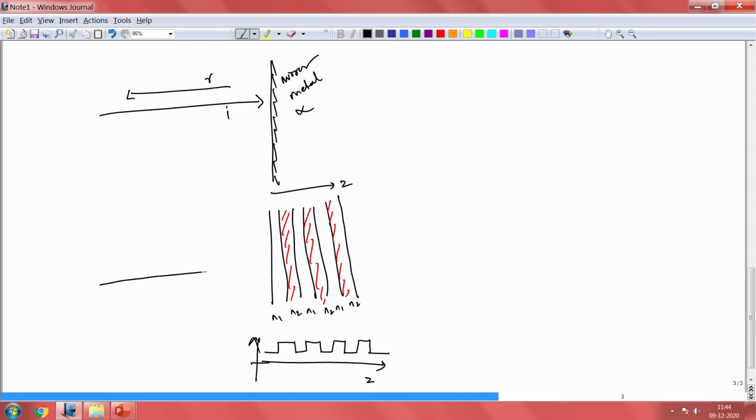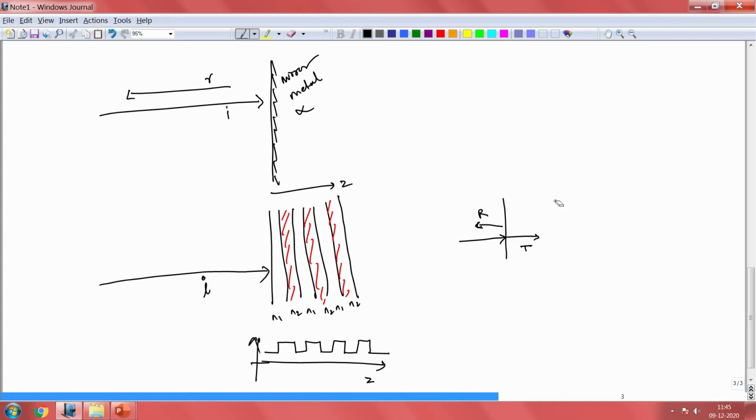So, when an incoming light tries to go through, it will encounter these multiple layers, right. So, we know from our basic understanding of light interacting with a surface, when it comes in, you will have transmission, you will have reflection, right. So, this is what we learned, right. But then what if I put another surface here, right.